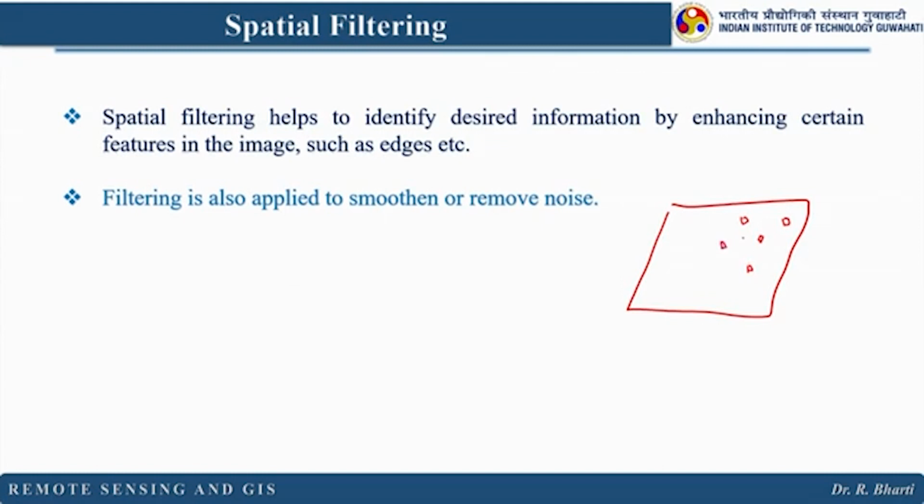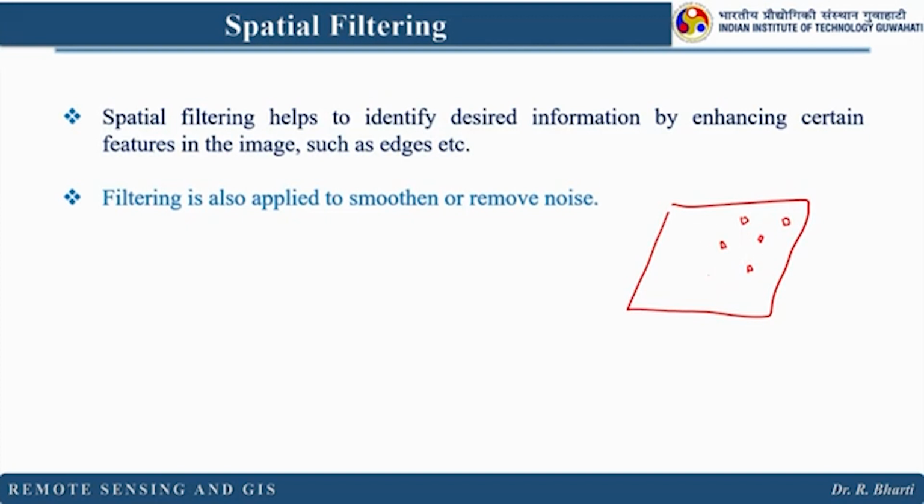If you have missed correcting those bad pixel values, or it is only one or two pixels which you could not find with your eyes, then if you apply this filter, it will solve that problem.